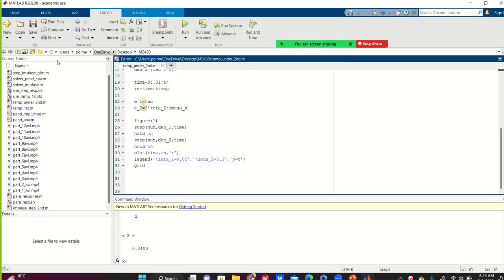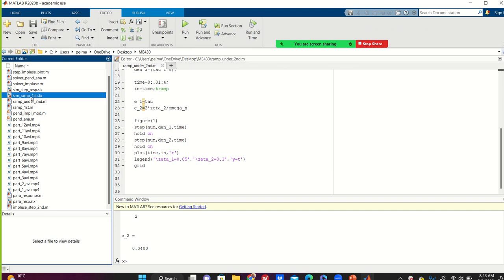Okay. So now let's go to our Simulink. You see, I'm opening the ramp of the first order system.